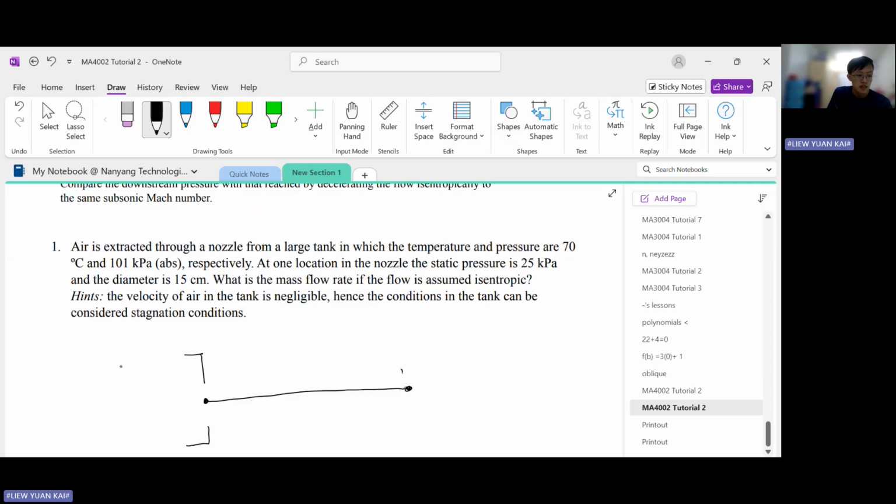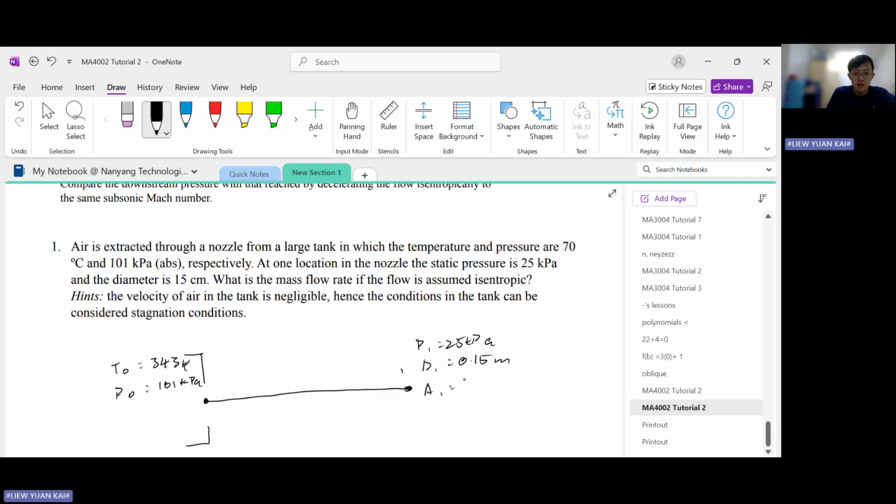Inside the tank, the temperature is 70 degrees Celsius. Convert this to Kelvin, it is 343 kelvins. Stagnation pressure is 101 kPa. And here at point one, we have a pressure of 25 kilopascals, a diameter of 0.15 meters.